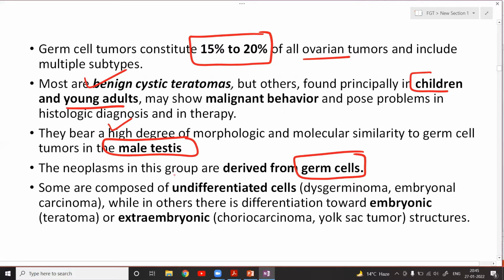Some of these germ cells are undifferentiated cells, giving rise to dysgerminoma and embryonal carcinoma, while others show differentiation towards either the embryonic or extraembryonic line.